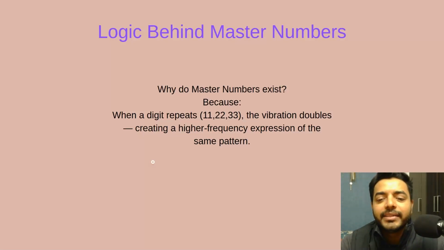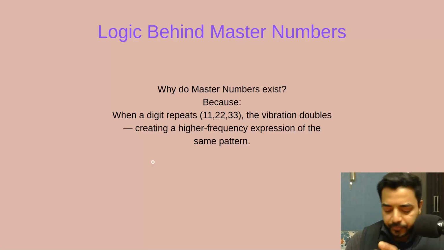So when a digit follows itself or repeats, the vibration doubles and creates a higher frequency expression. This is a very simple logic. All you need to remember is we are going to use numbers from 1 to 9 and the master numbers 11, 22 and 33.